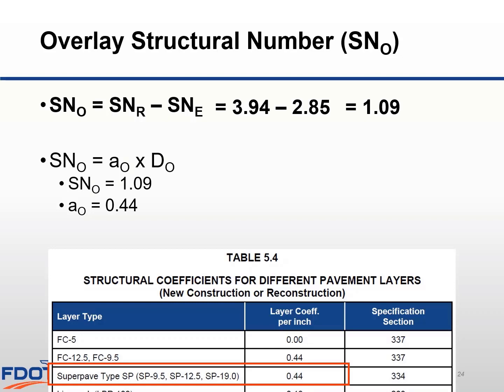So that just leaves us with one unknown now, which is the layer thickness. So let's put some numbers into our equation. So we'll have 1.09 equals 0.44 times D sub O. Solving for D sub O, we get 2.48 inches as our required layer thickness of the overlay. Since asphalt lifts are generally in 1/2 inch increments, let's round that up to 2.5 inches.